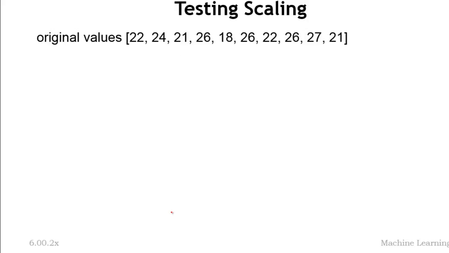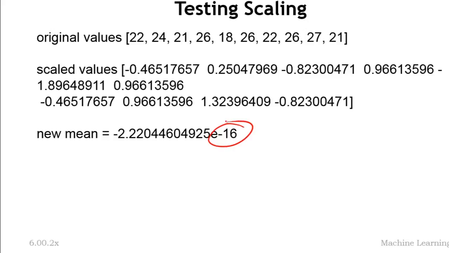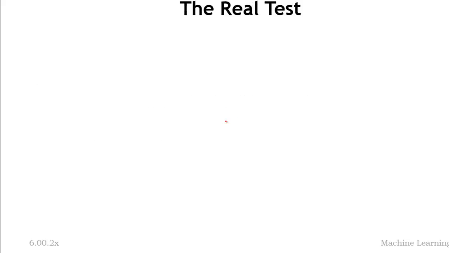The original values were this. I scaled the values that were that, computed a new mean. Well, it's not quite 0, but something to the -16th is darn close to 0. And the new standard deviation was, in fact, 1. All right, let's go to the proof of the pudding, the real test.